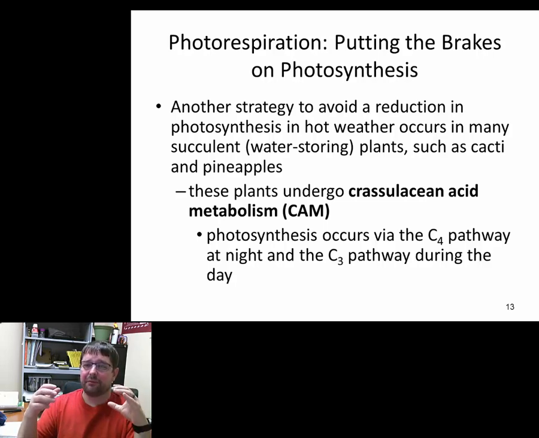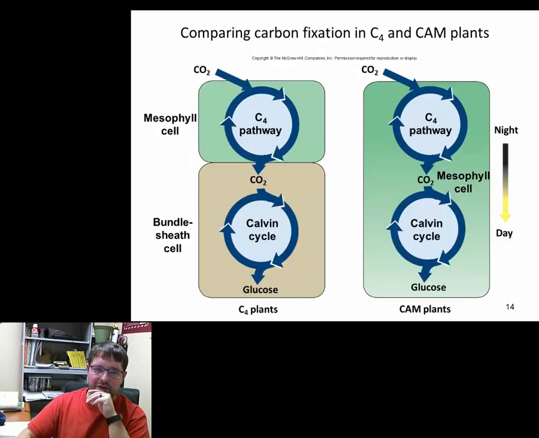So this is kind of like a hybrid between the C4 pathway and the C3 pathway. So they do the C4 pathway at night, so they open their stomata at night, bring in carbon dioxide and fix it, okay? And then they do the C3 pathway during the day when photons are available. So it's kind of the best of both worlds in essence, okay? So they don't have specialized cells in CAM plants.